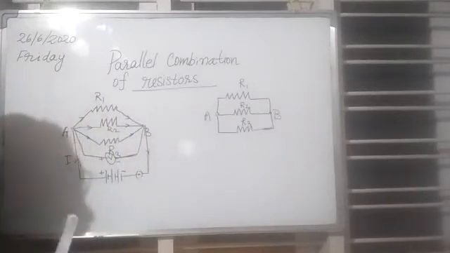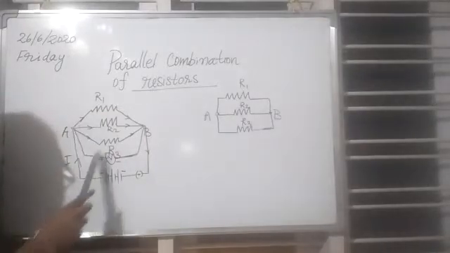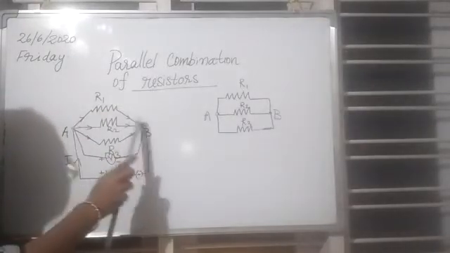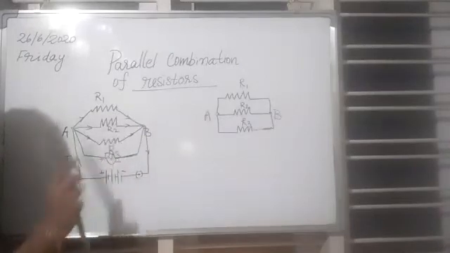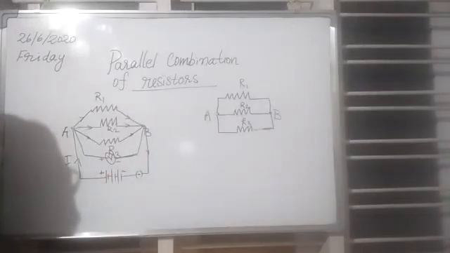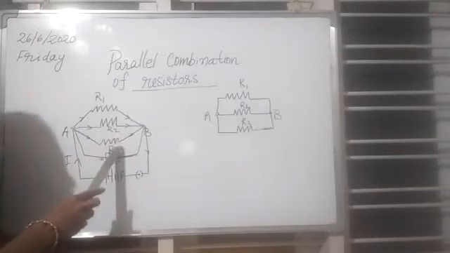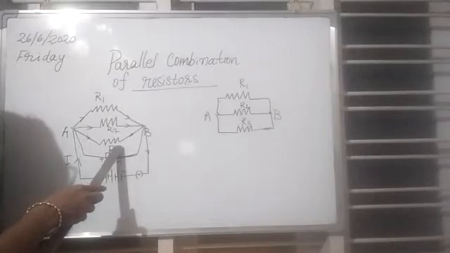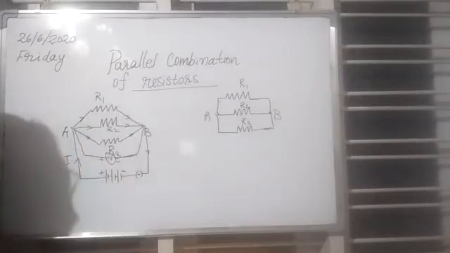In this parallel combination, the potential difference across the ends is the same because both ends are common for all three resistors. But the current through each resistor varies according to the value of its resistance.